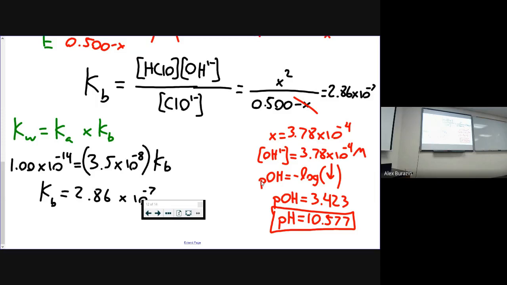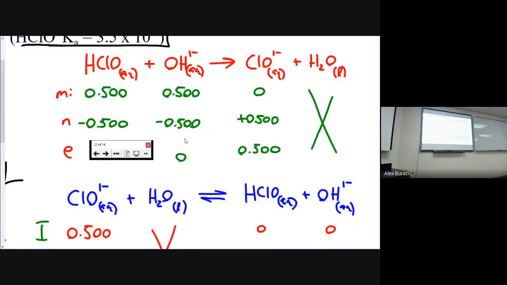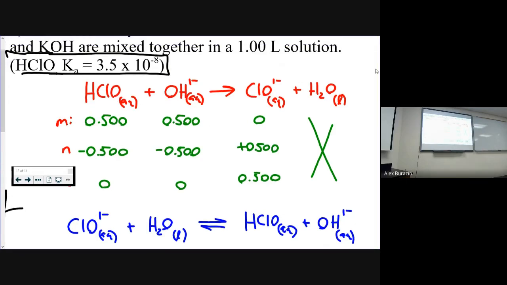Those two reactions, the second one is just the reverse of the first one, right? Correct. So then you can't take the inverse of the first one today. A couple things. This in the forward direction is not the Ka value, meaning this is an acid-base reaction.